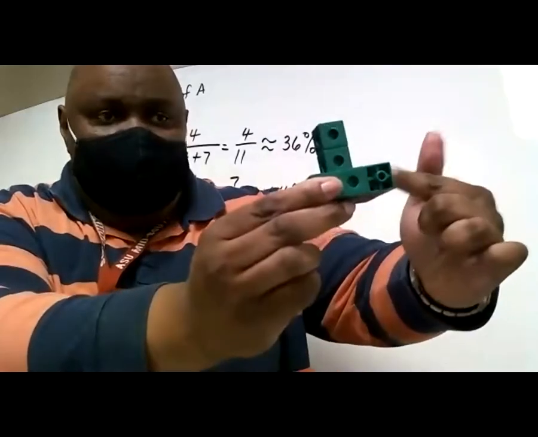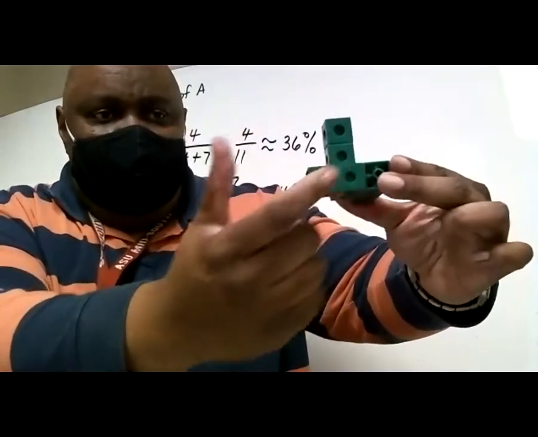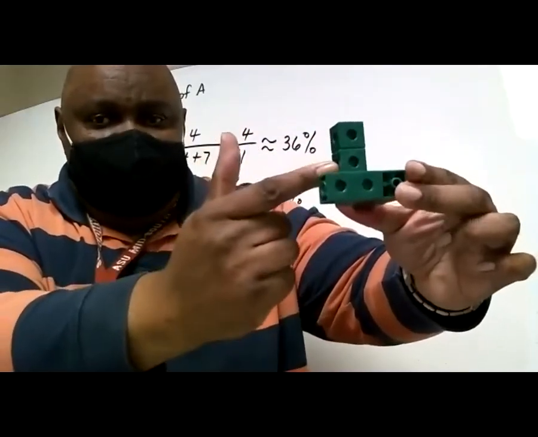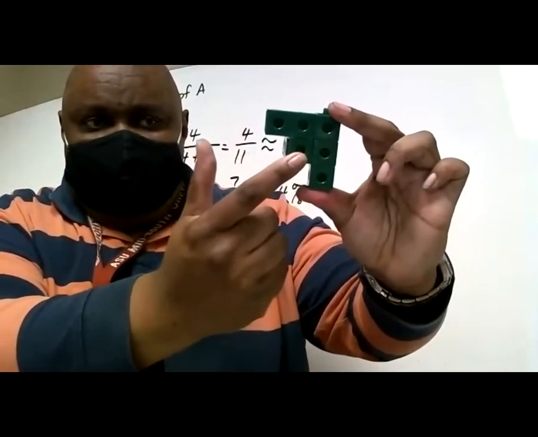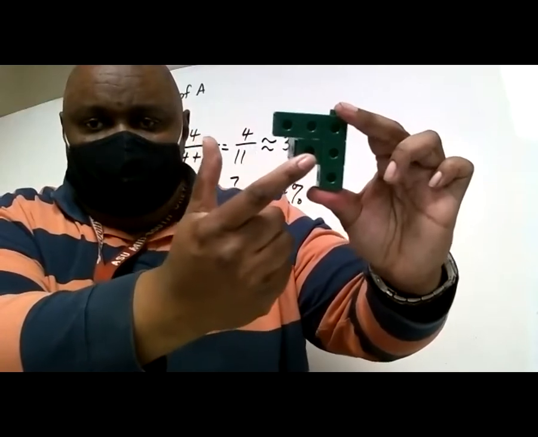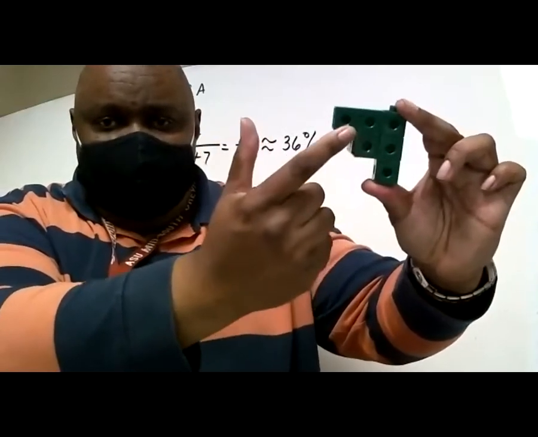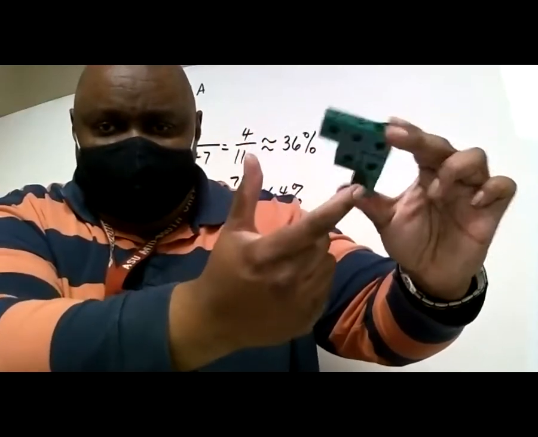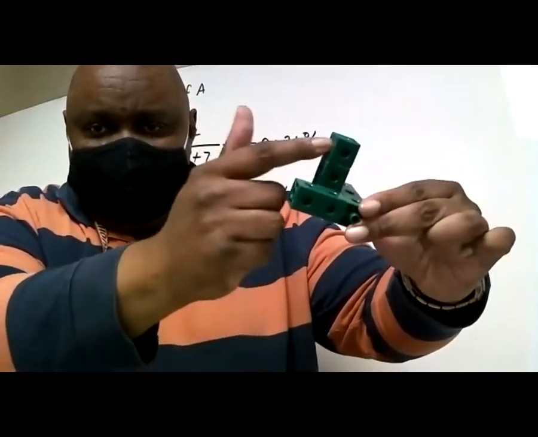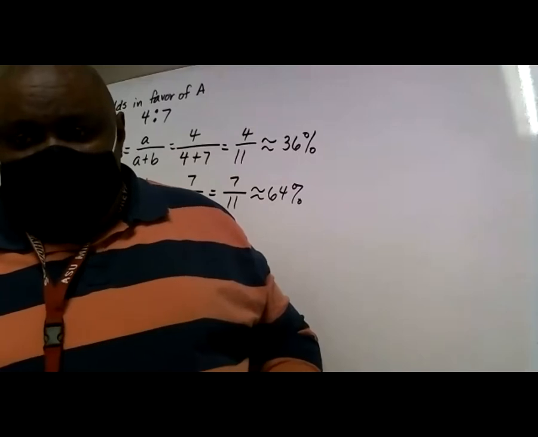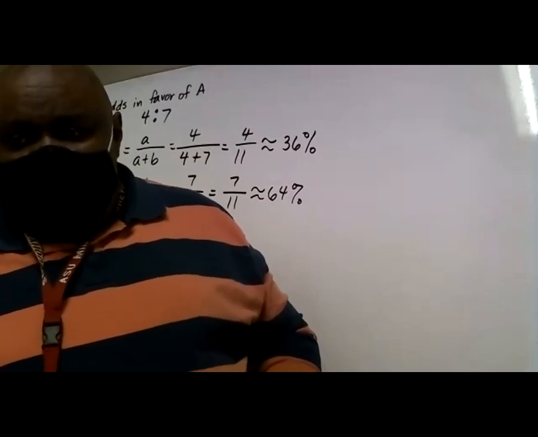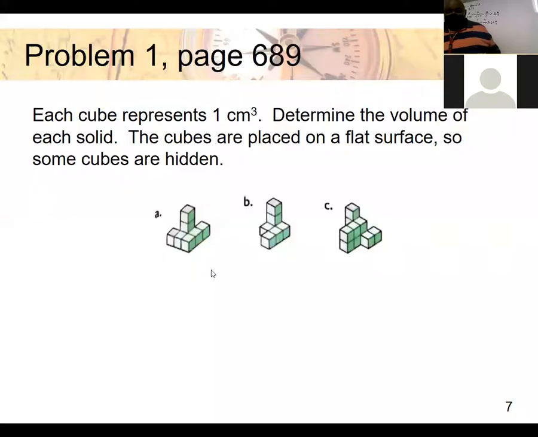So already I have 1, 2, 3, 4, 5, 6, 7, and the one on the bottom makes 8. So for part A, there are 8 cubic centimeters here.